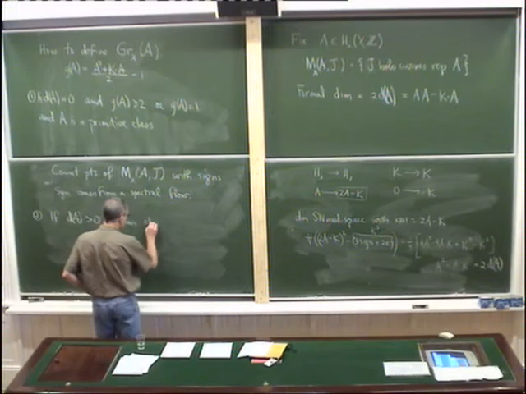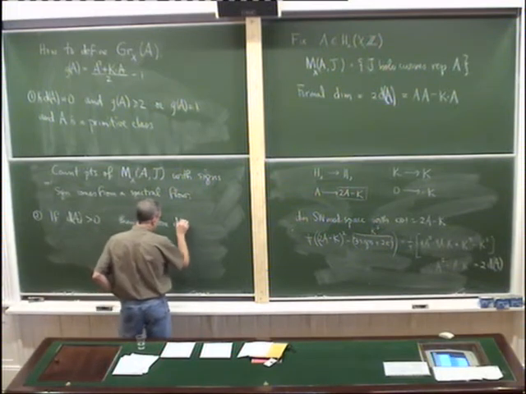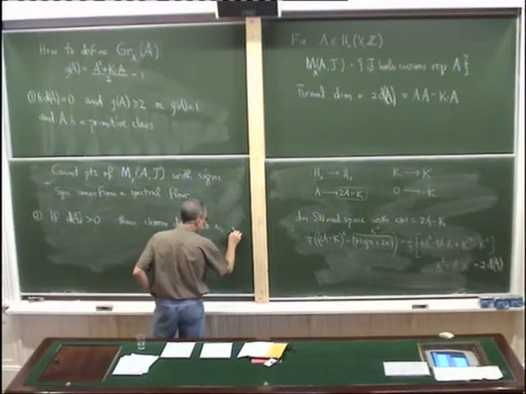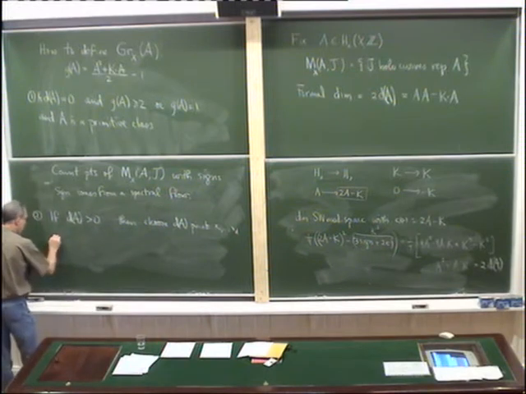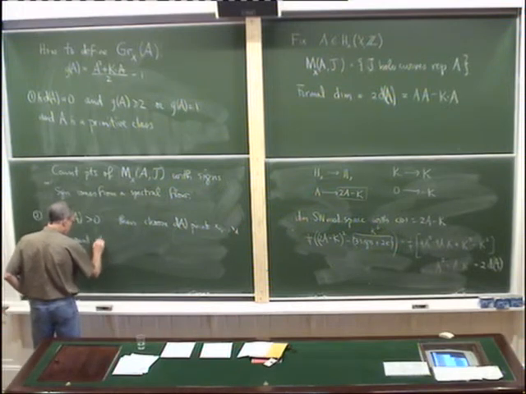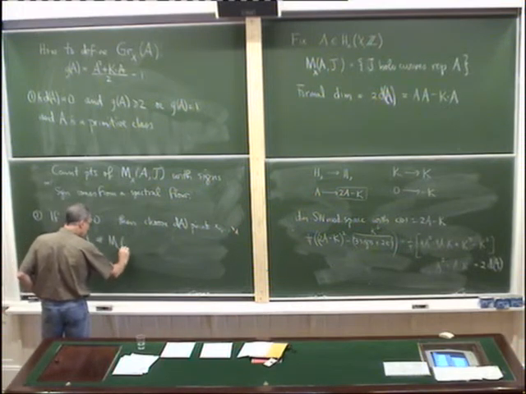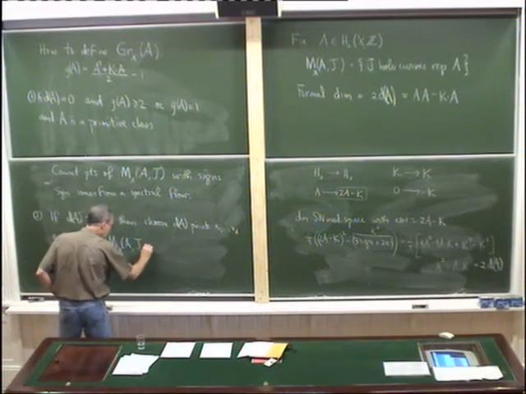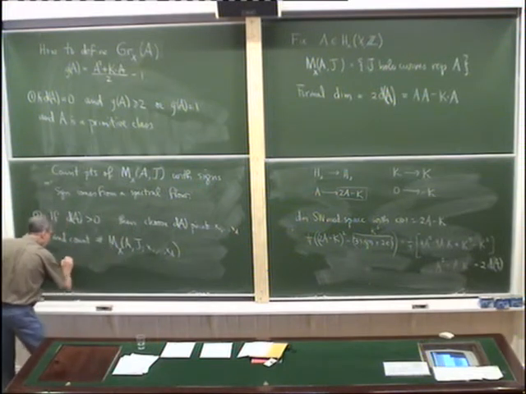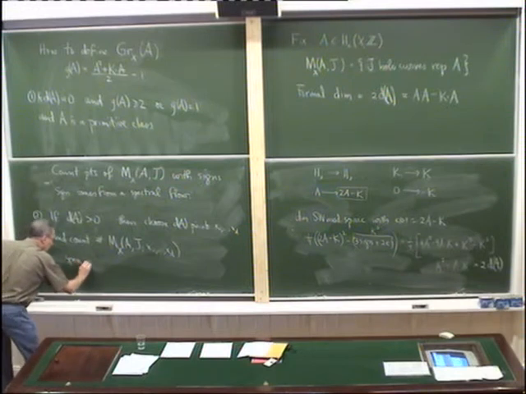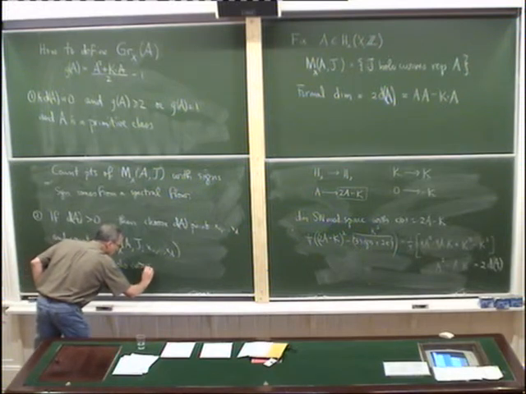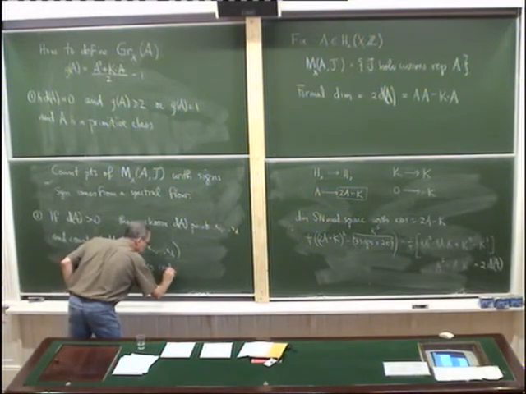So then choose d(A) points, x1 through xd, and count the number of points in M_X(A, J, x1 through xd), meaning the space of J-holomorphic curves containing all the xi.